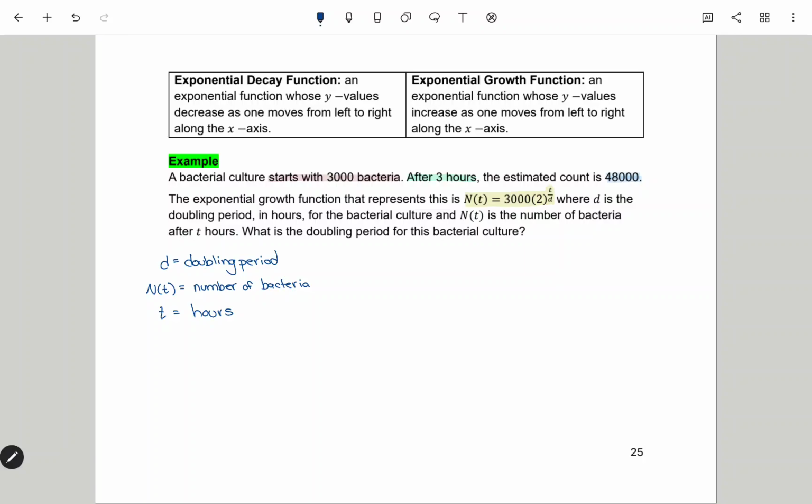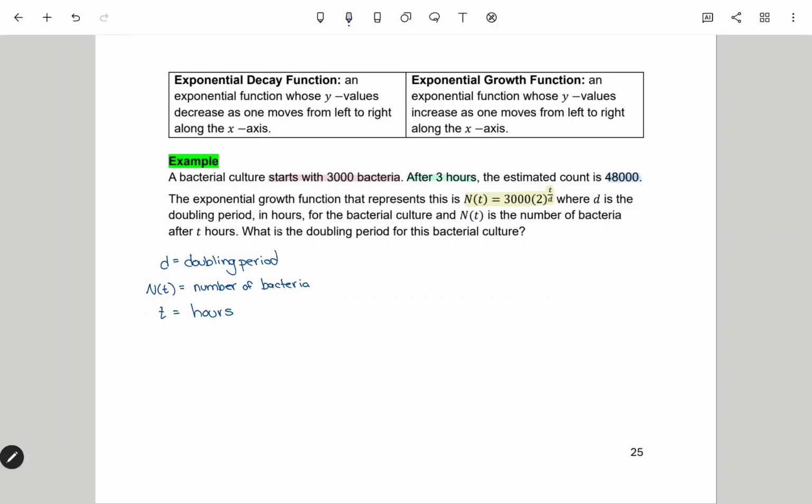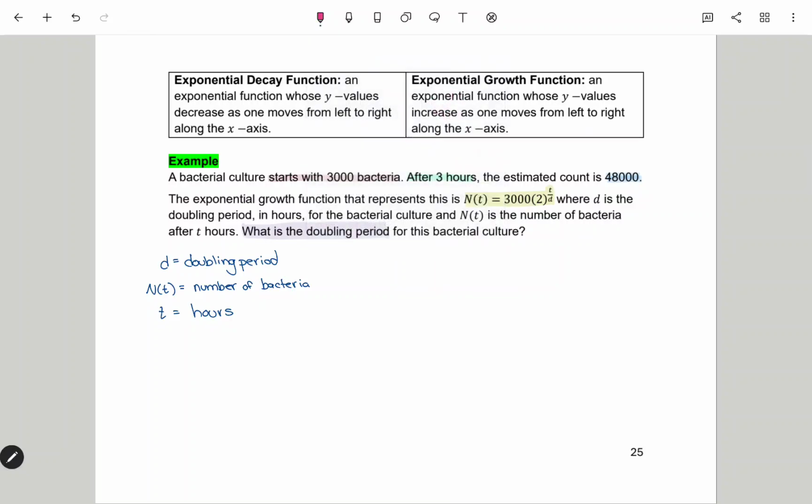So our question is asking us, what is the doubling period? So that tells me that what we are trying to solve for is this guy, which means I must know these other two things. Well, one of them is here. The number of bacteria we have is 48,000, and that happens after 3 hours.